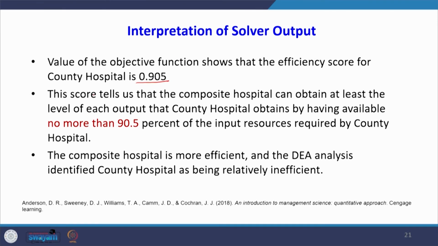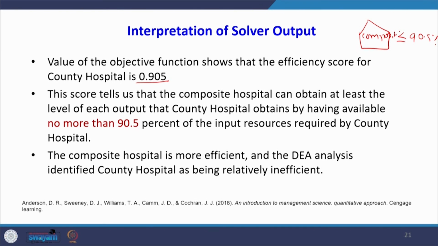This score tells us that the composite hospital can obtain at least the level of each output that county hospital obtains by having available no more than 90.5 percentage of the input resources. So, the composite hospital is going to use less than 90.5 percentage of resources consumed by the county hospital. That means the composite hospital is consuming less resources.